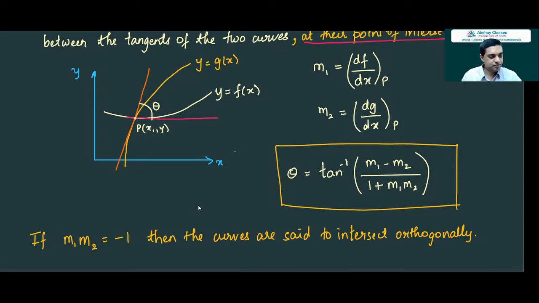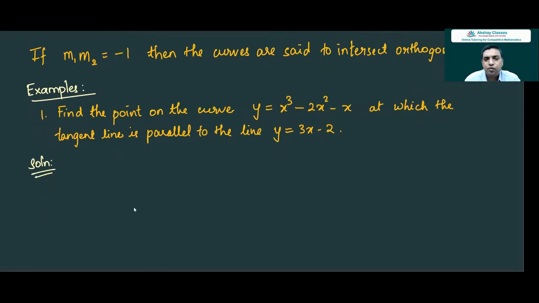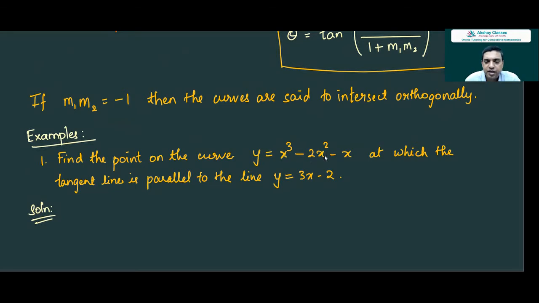Now let us do some simple problems. The line y is equal to 3x minus 2. So we need to find a point on this curve. Curve is x cube minus 2x square minus x.